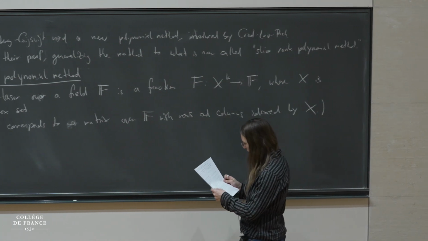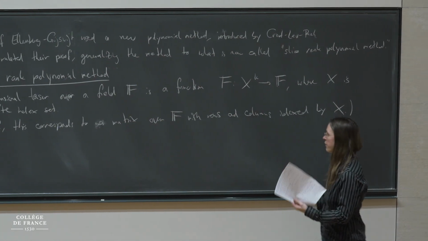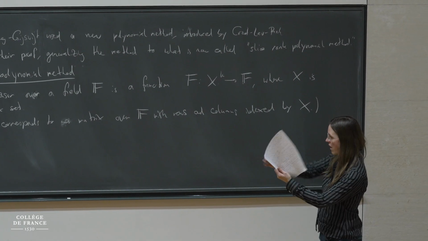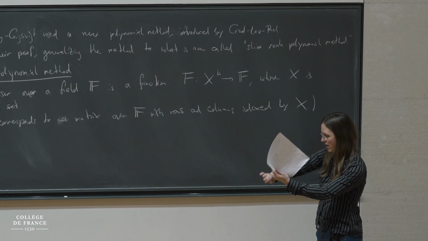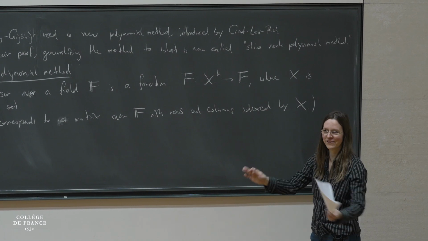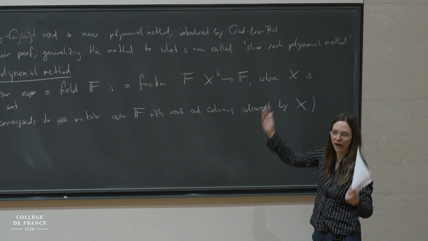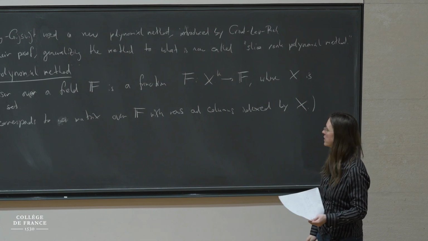Now if k is larger, you can still think of this in similar terms, but rather than a matrix which fits on a piece of paper, you think of some sort of hypercube with numbers in it.